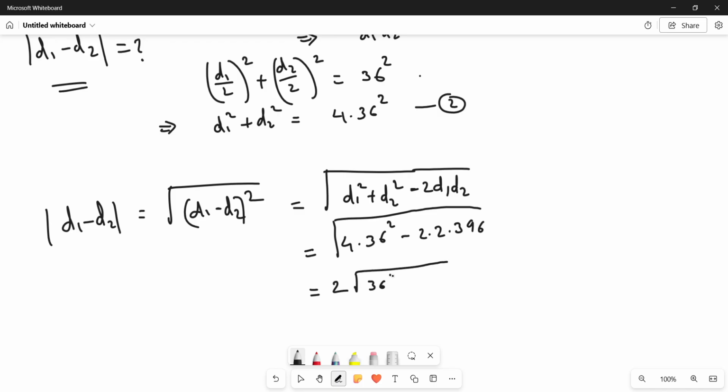This will give me 36 square minus 396. Upon simplification, this will give me 2 into root of 1296 minus 396. That is nothing but 2 into root 900, and this will give us 60.